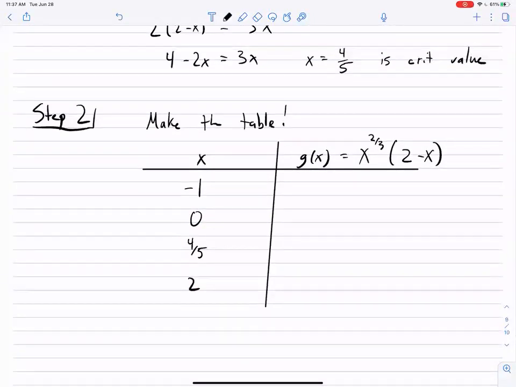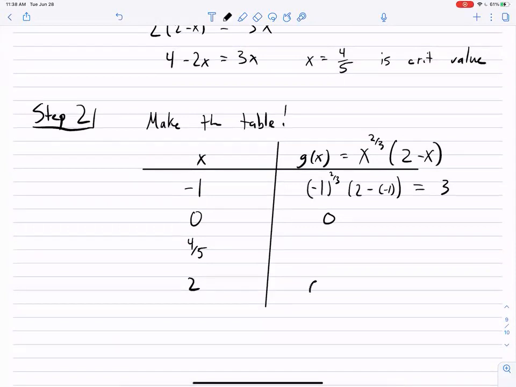If you plug in -1 to the 2/3 power, that is just 1, and then times 2 minus -1, so that will be 3. If you plug in 0, you get 0. If you plug in 4/5, let's not do that one yet.